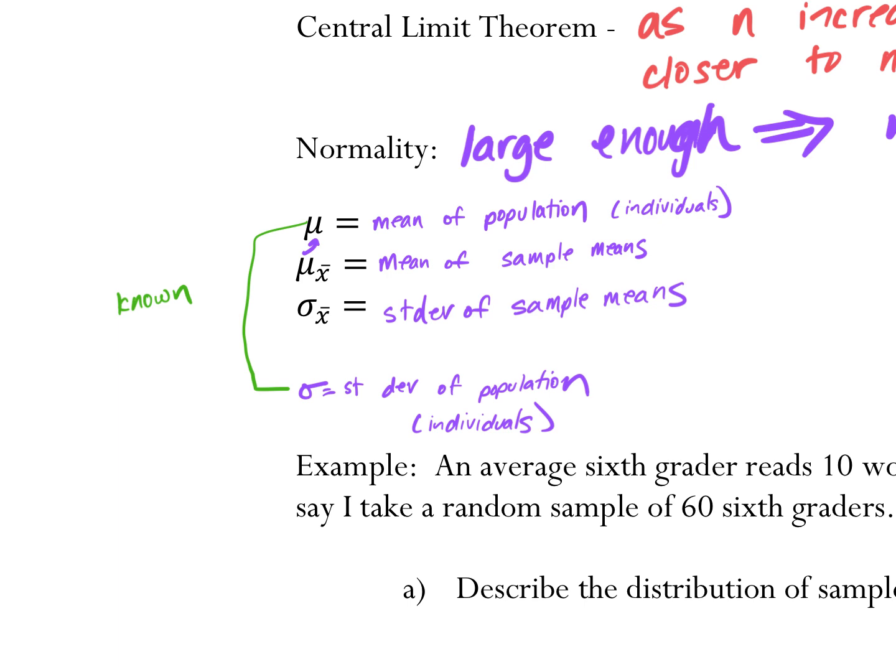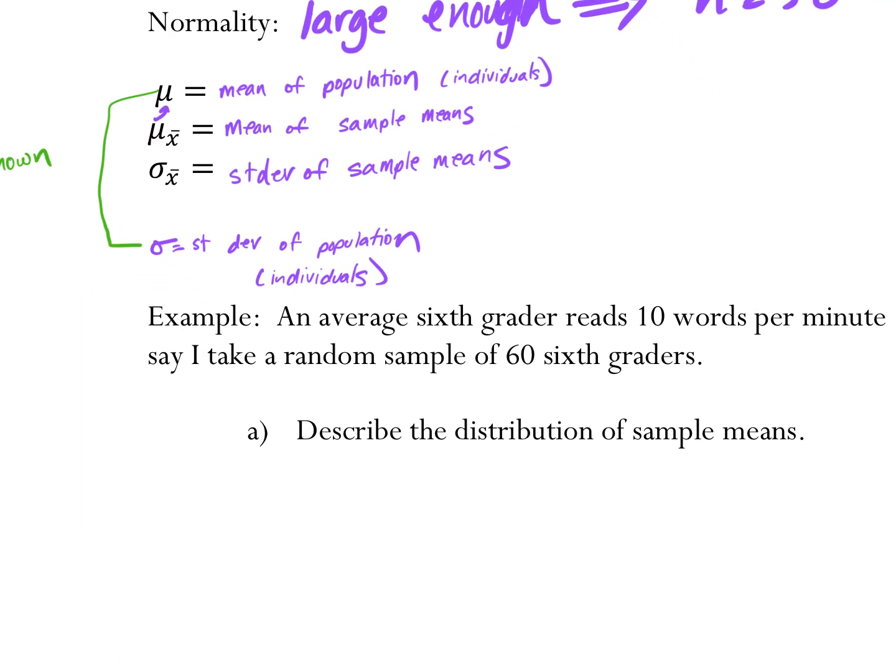Okay, so lastly, it turns out that the value for the mean of x bar is equivalent to the value of the population mean. This is very intuitive and not intuitive all at the same time. Imagine we had packages of fun-size M&Ms.